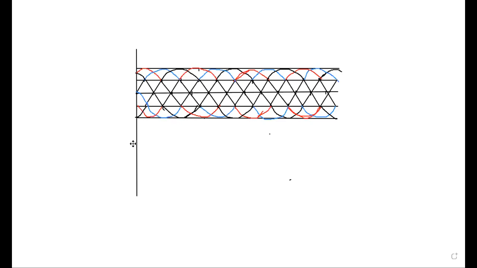And suppose this red colored one is VCB. This is the line voltage. Suppose this is VAB.